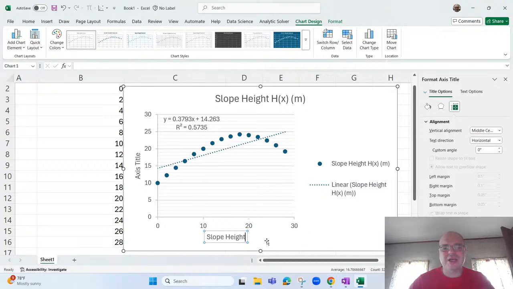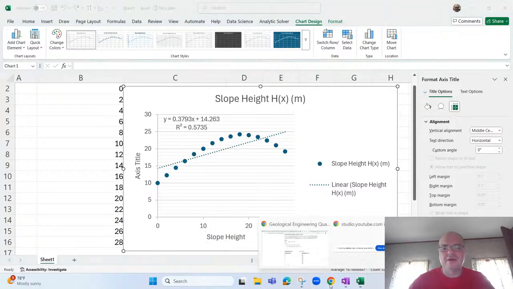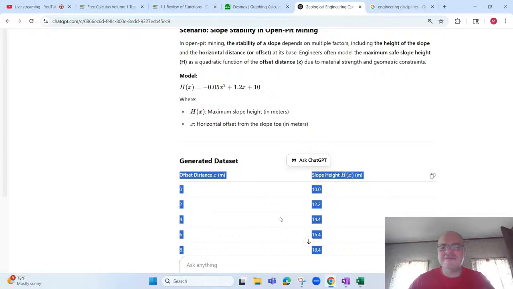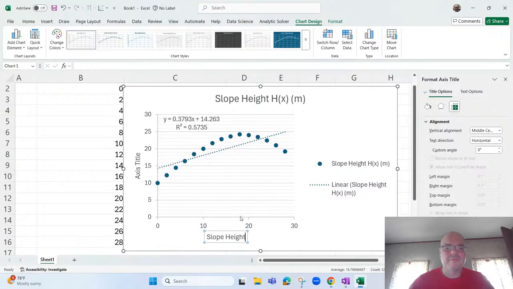Let me double check the variables again. I'm going to have offset distance and slope height.